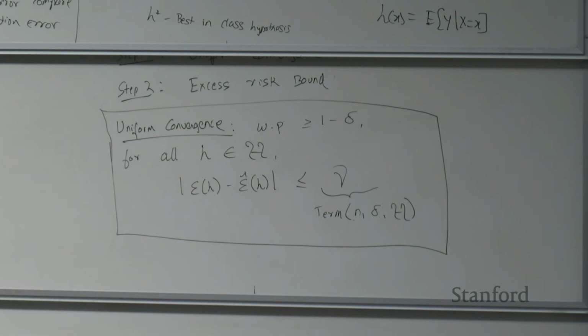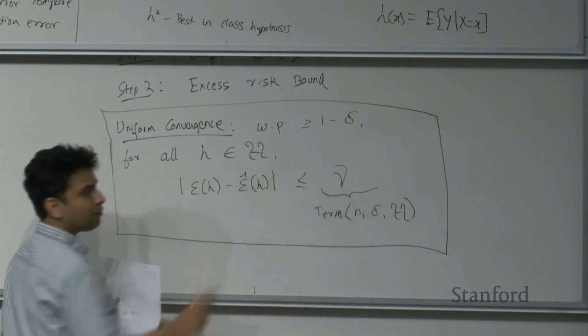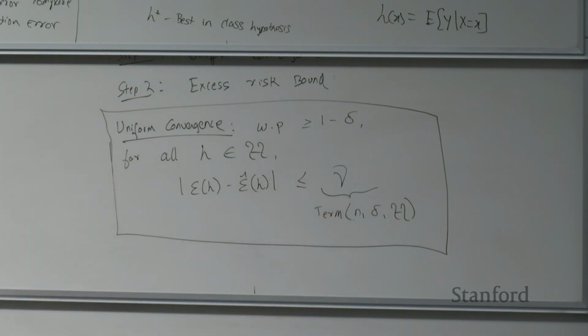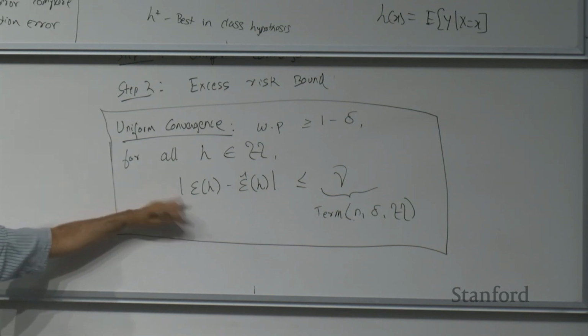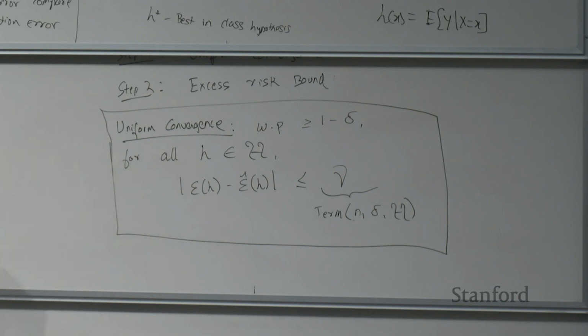Assuming we have derived some gamma in this way, we can then plug it into the excess risk bound. I'm intentionally not giving a concrete example of this yet. Let's see how this plugs into the excess risk bound, and then we'll see a more concrete example.